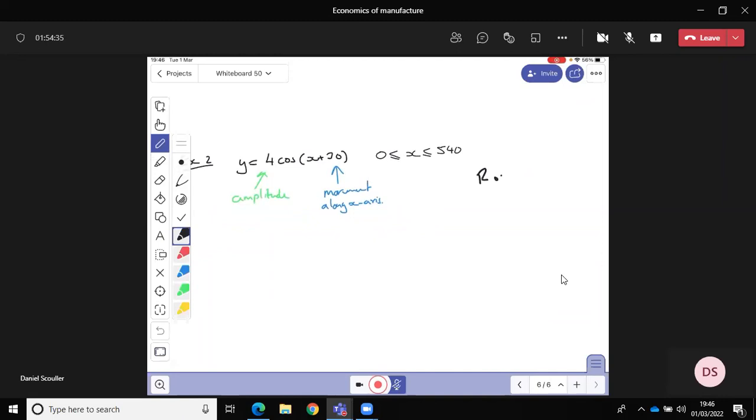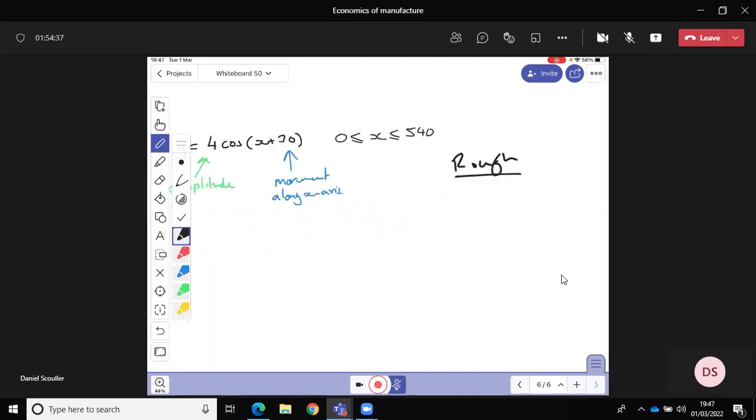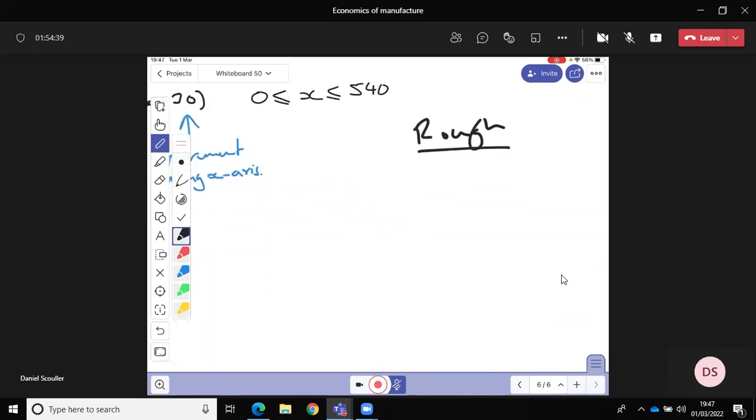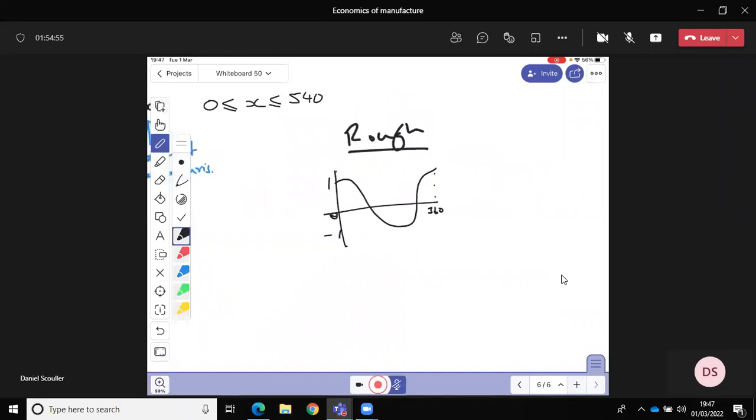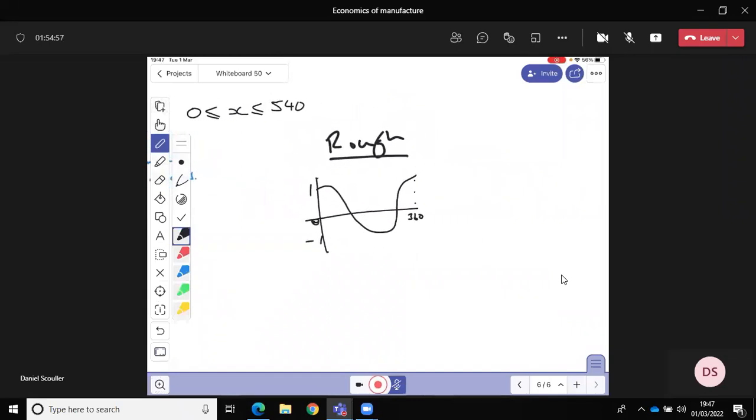So if I go over, put some rough work together, just draw out my basic cos. 1, -1, 360, 0. Okay, normal cos X, we've got a milestone every 90.